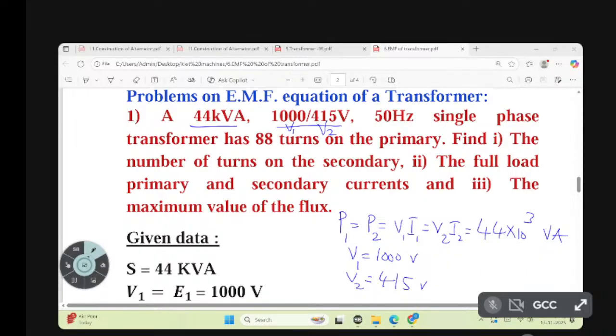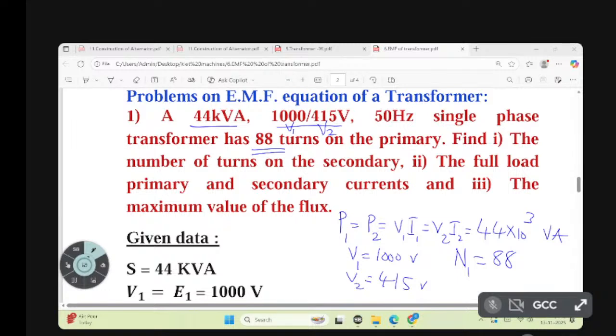It has 88 turns in the primary, that is the primary turns N1. Find the number of turns on the secondary. Can we find N2? N2 by N1 is equal to V2 by V1.